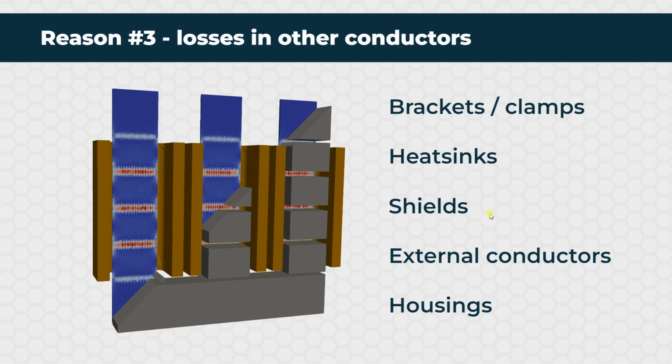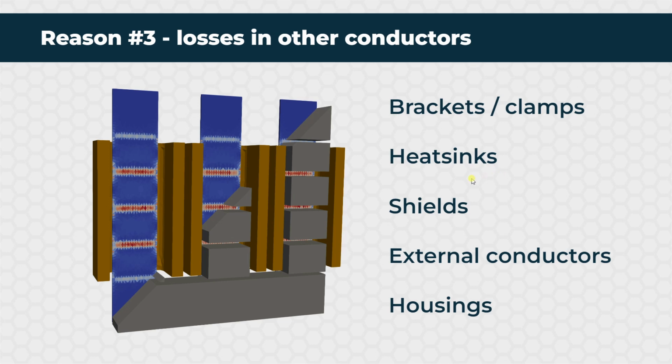The next reason why 3D FEM could be useful is to treat losses in all other parts of your component that are not core and coil. Typically, such parts are brackets or clamps that hold together your core. There could be simple clamps for ferrites, or like in this picture here, aluminum plates that hold together the gapped core.